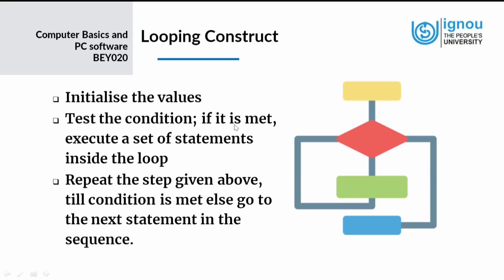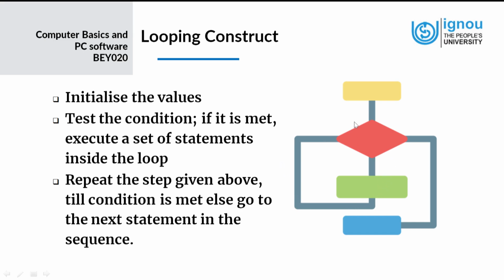If the test condition is met, that means it is true, then you go to this green box and perform whatever is mentioned there. Once it is completed, the test is taken again, and once again if true, this is performed. So a particular sequence of operations may be repeated.